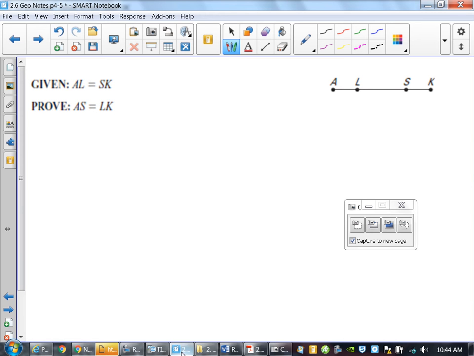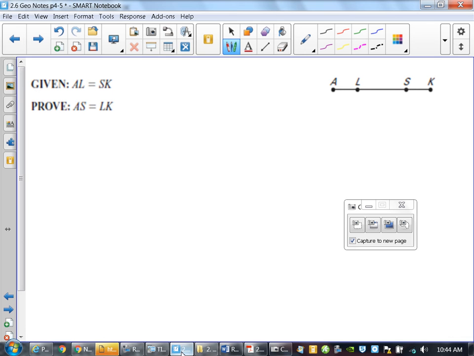A lot of times when you're dealing with proofs, you want to spend a couple of seconds looking at what they give you, what kind of diagram you have, and what they want you to show in the end. If you take a minute or so analyzing that information, it's going to help you figure out the direction you should head.